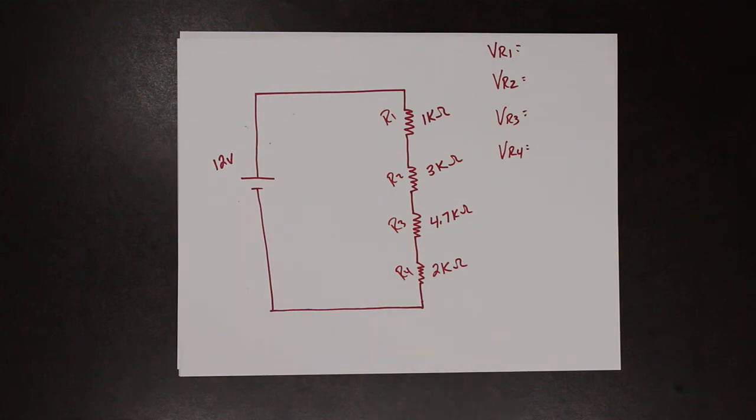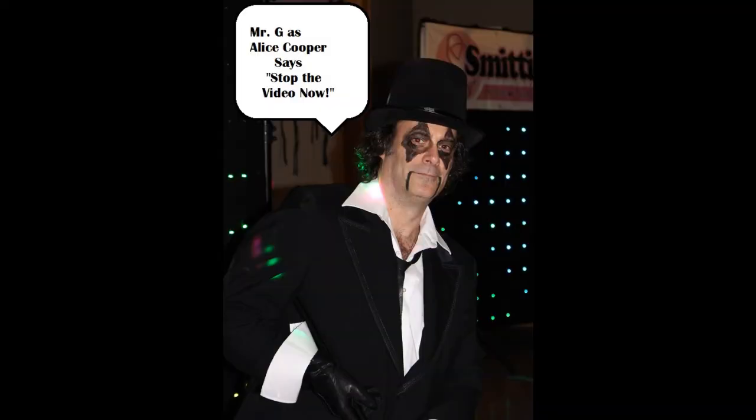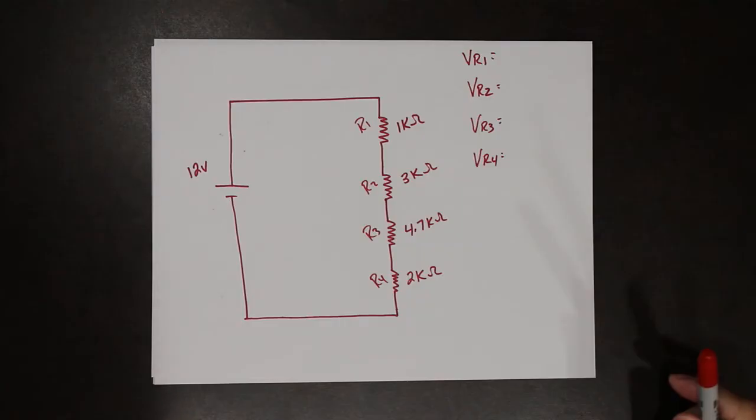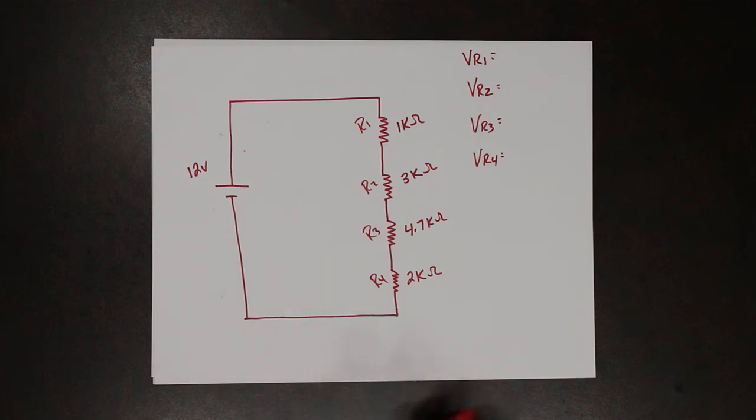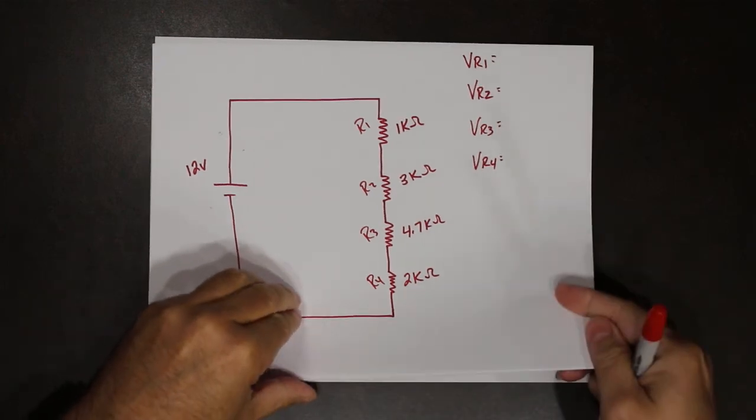Then start the video again and see if your values match mine. Alright, welcome back. Let's see how you did. So what we're going to do is solve for this circuit.